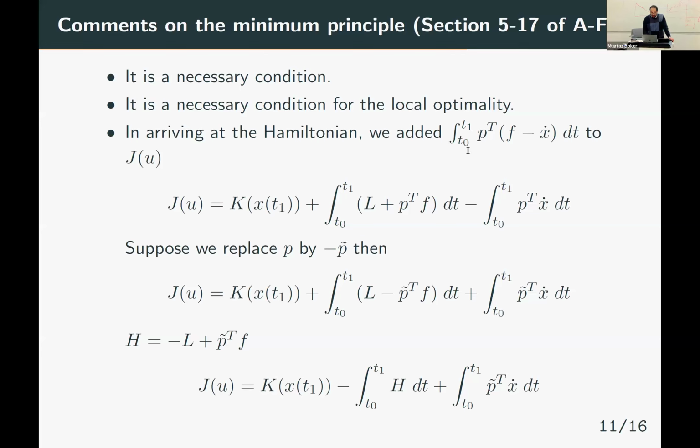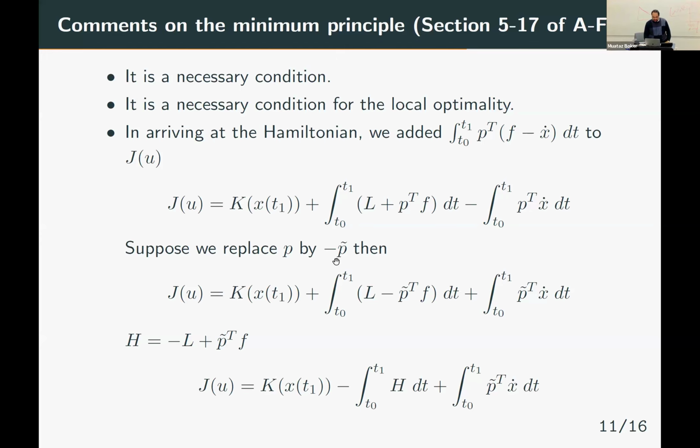Let's add to the cost this identity, which is equal to 0: the integration from t0 to t1 of P transpose times (F minus X dot), where F minus X dot is equal to 0. So as if we are adding 0 to the cost. It's just a trick here. If you add this to the cost function, this is what you have.